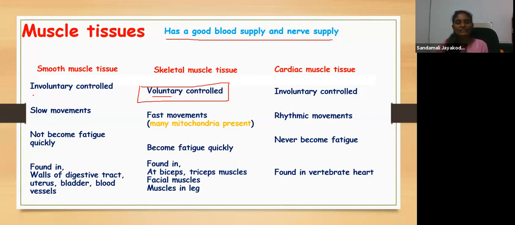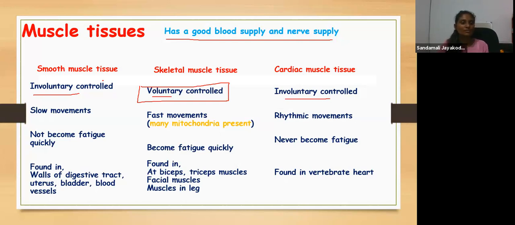But the other two types are not like that. They are involuntarily controlled. That means smooth muscle tissues are in the lining of internal organs most of the time. As an example, our stomach, our bladder, and also our intestine walls contain smooth muscle tissues.